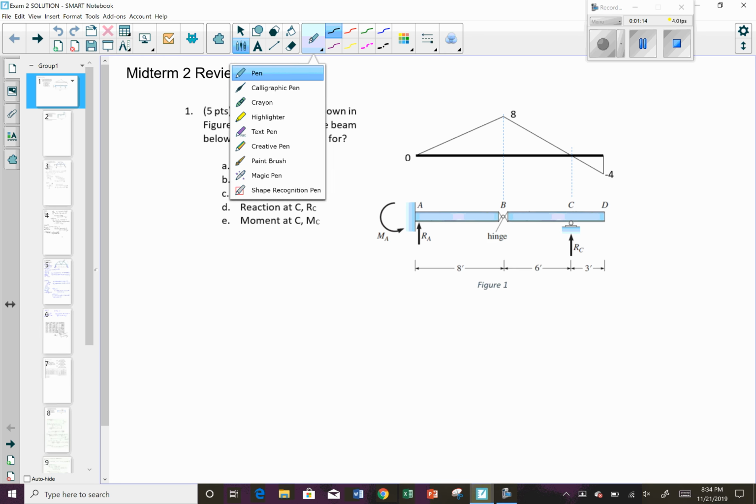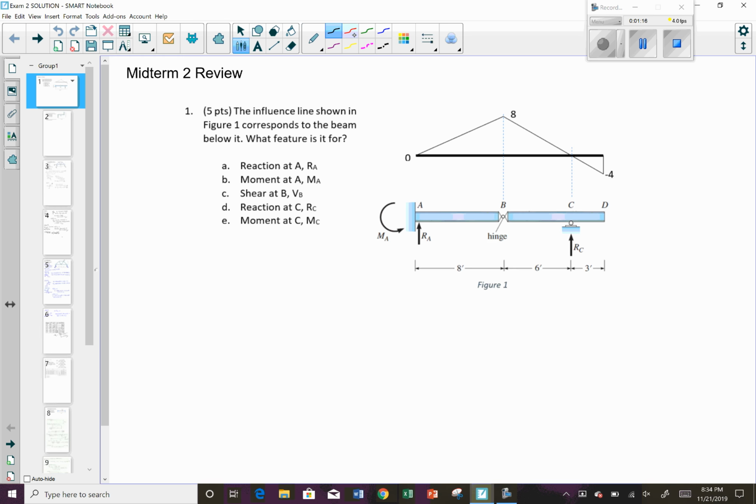For reactions, if your unit load is placed on the reaction, then the influence line at that point is equal to 1. So if we put our unit load at A, we should have a reaction of 1 at A. In this case, we don't, so we can cross this one off.